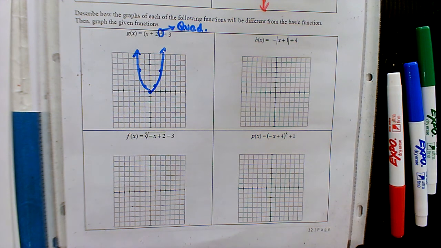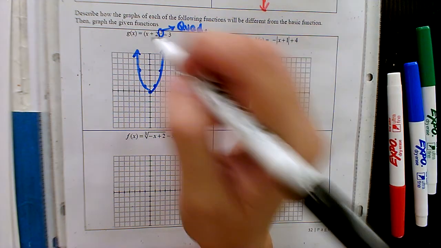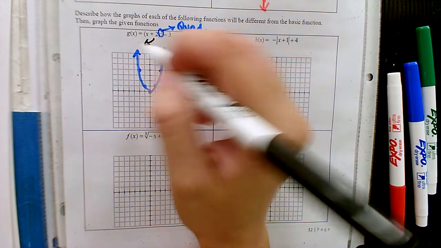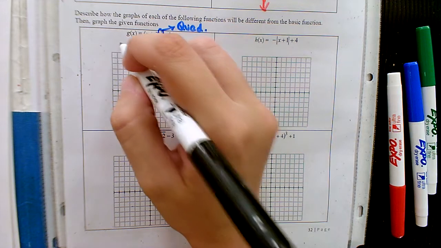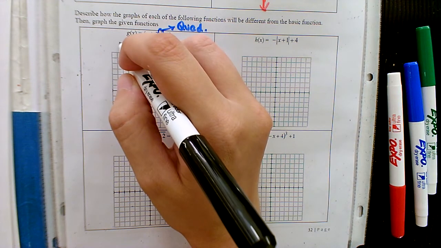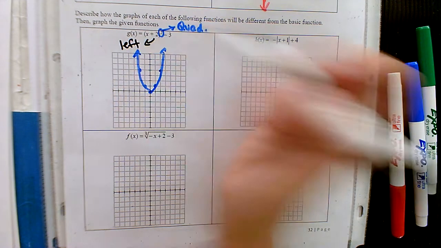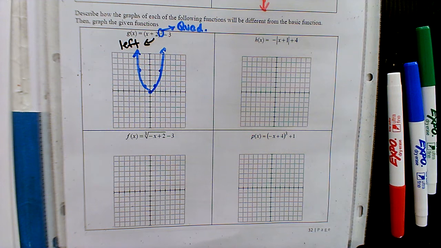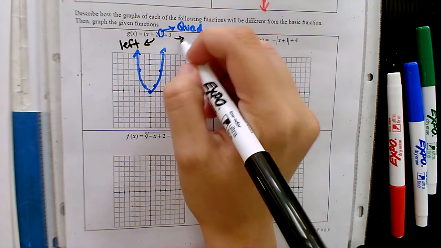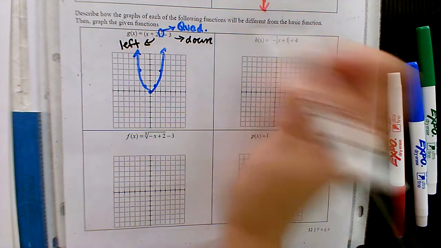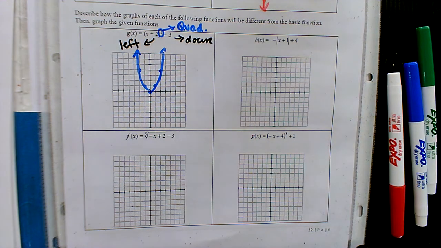What are some changes? What do you think, Emma? The times 2 inside would make it move to the left. Left 2, okay. Remember the inside does the opposite of what you would think. Down 3. All right, I think that's it.